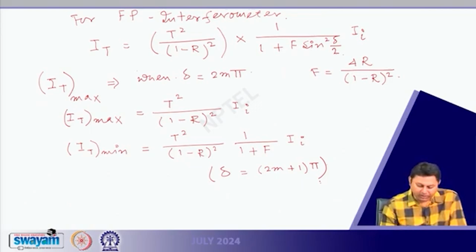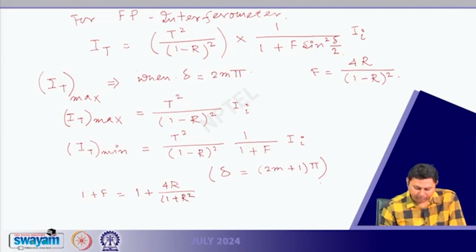Now, what is 1 plus F? This is 1 plus 4R divided by 1 minus R whole square.